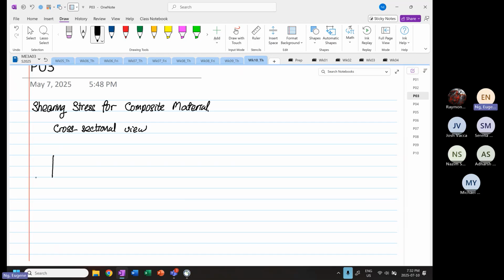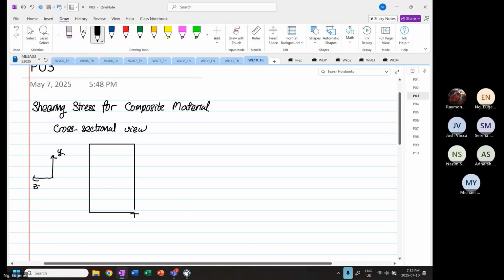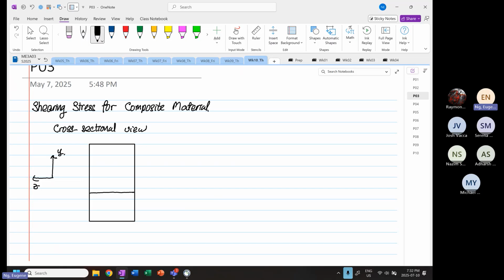Over here you have your Y and you have Z. And then we have a cross-section, right? This cross-section is made of material 1, and this is made of material 2.